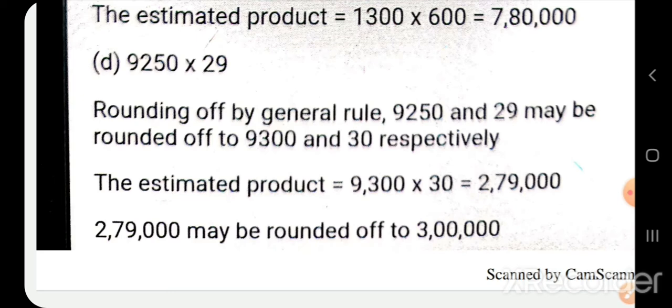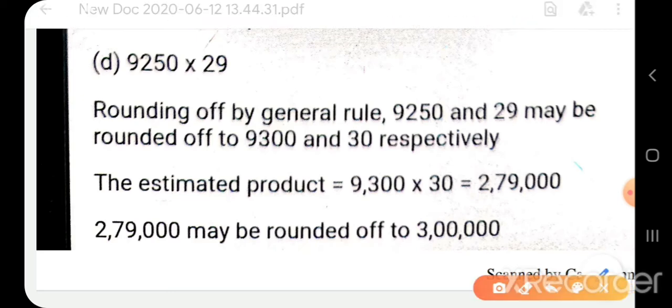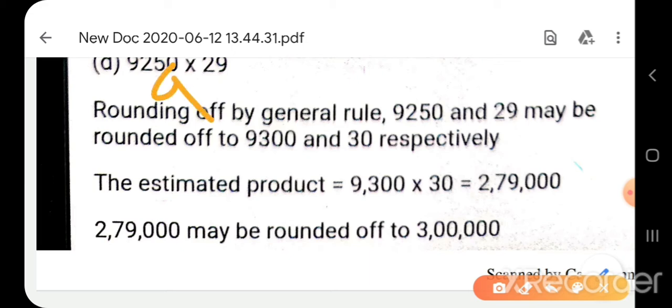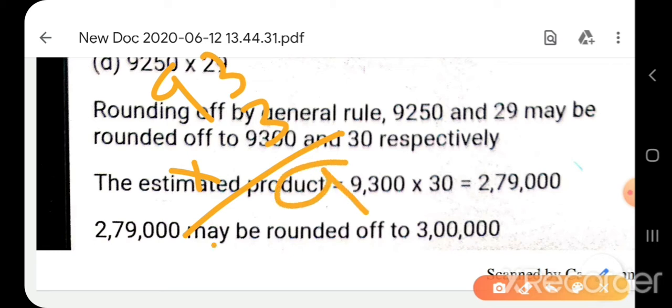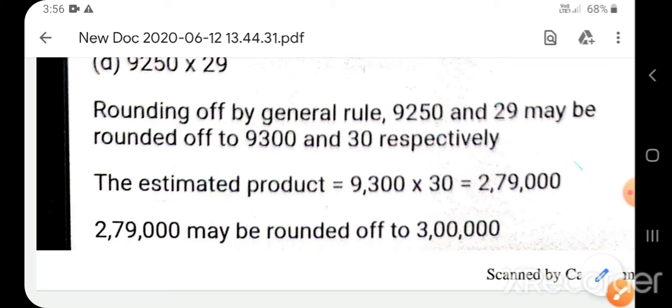The estimated product is equal to 9,300 into 30. So 93 into 3. So let's do the multiplication. 93 into 3. 3 threes are 9 and 3 nines are 27. So 279 and 3 zeros. So 2,79,000.